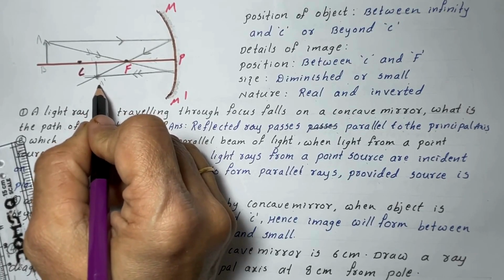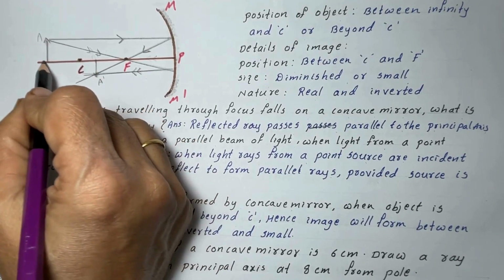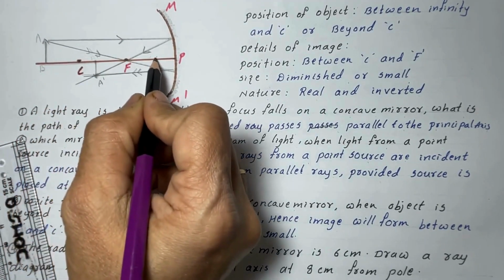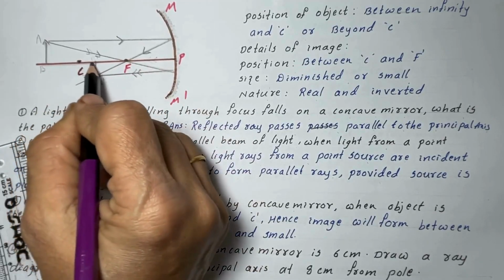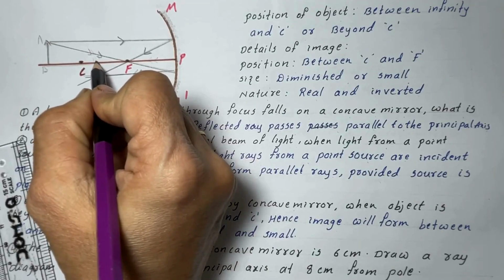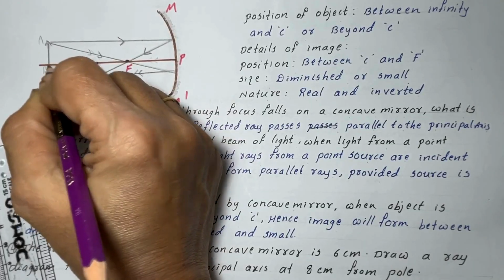So this point is the image of the point A, and the ray which is passing from B retraces its path because it is passing through the principal axis. So this is the reflected ray of the point B of the object.